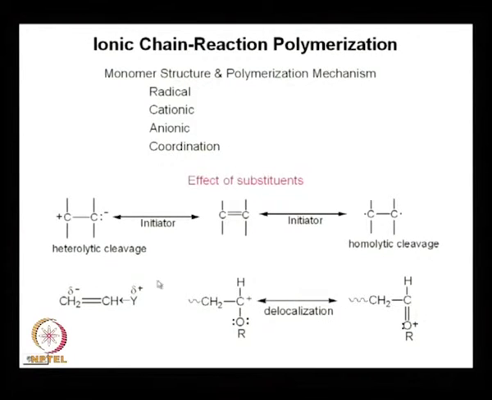This will help initiation of a monomer, and it needs stability of the system. This stabilization can be obtained by delocalization of the charge over here. You can see this resonance stabilization through delocalization can occur, and that stabilization depends on the nature of the substituents present here. Okay.